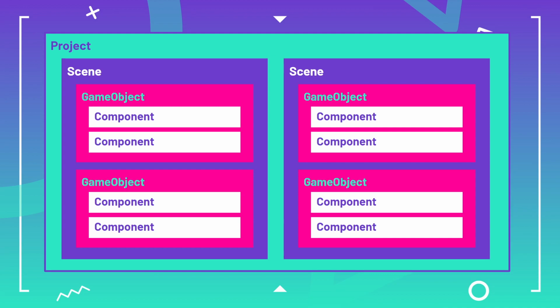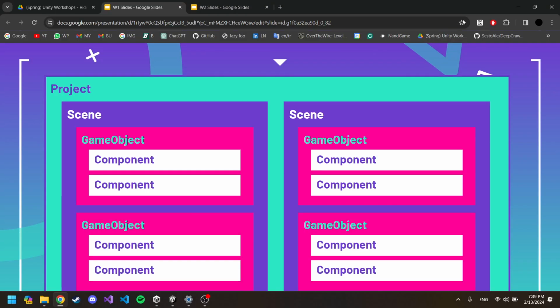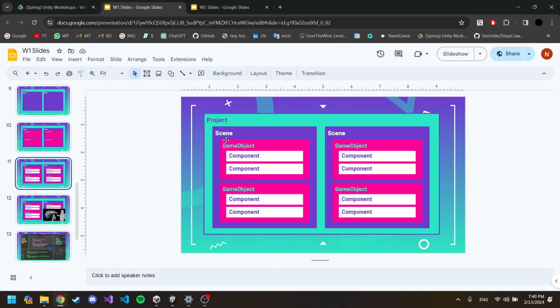You only see 2 game objects here, but it's usually tons of them, hundreds and stuff. And the same for components. And yeah, I think this is a key thing to remember when working with Unity.